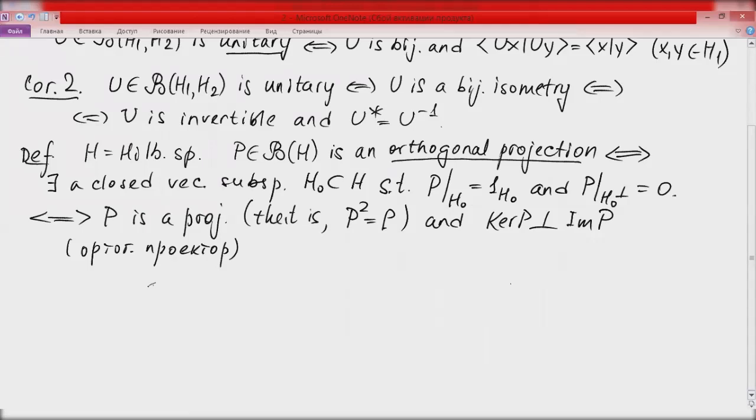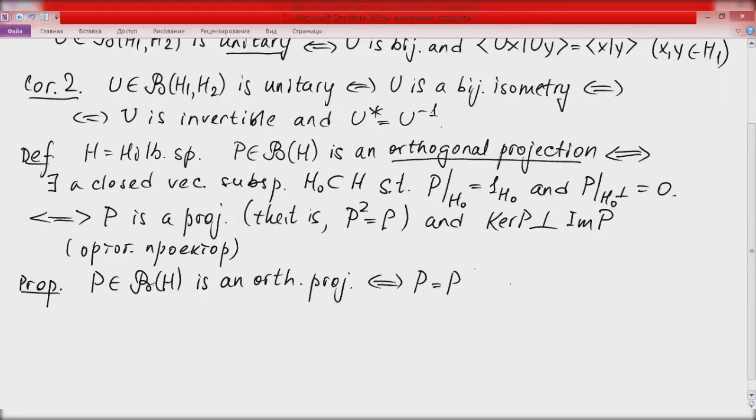Okay, and here is an algebraic characterization of orthogonal projections. We have the following proposition. A bounded operator P on a Hilbert space H is an orthogonal projection if and only if P is self-adjoint and idempotent.